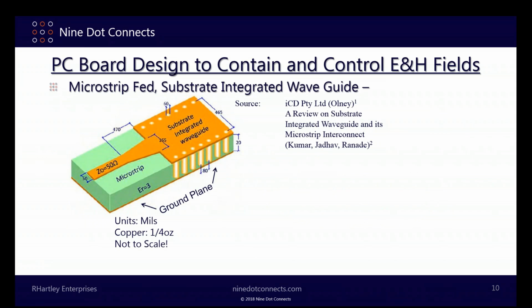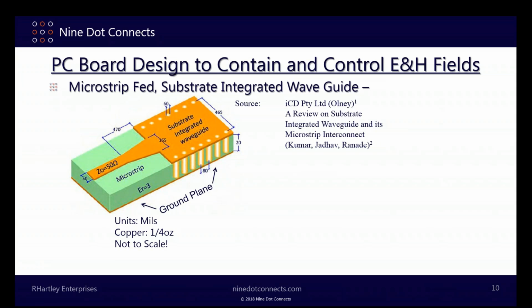Here's an example. In this drawing, the element on the right-hand side is called a substrate integrated waveguide. The element on the left-hand side is called a microstrip transmission line. It's basically a trace routed relative to a plane. What happens when you establish a structure like this?